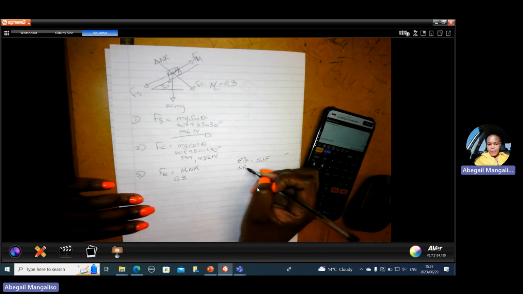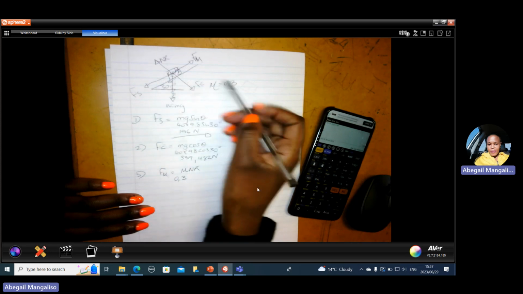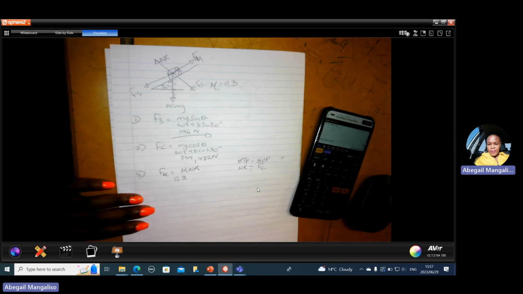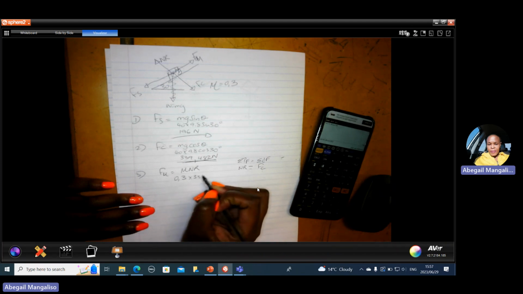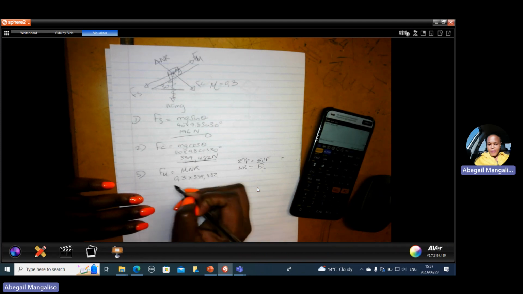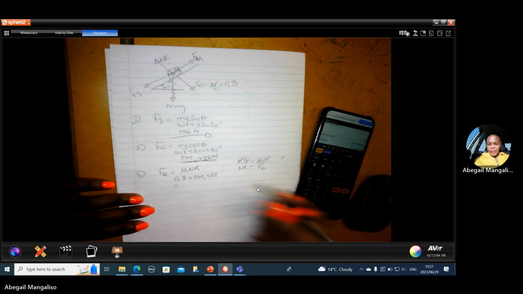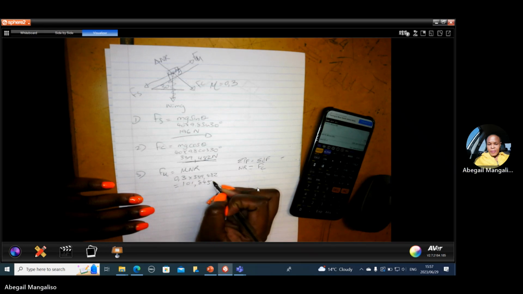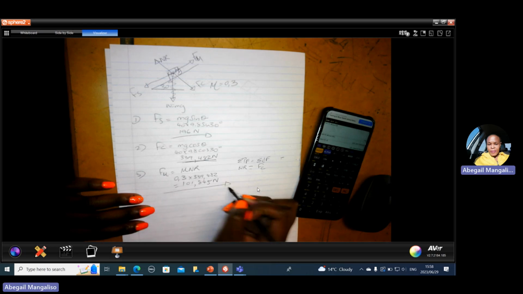Normal force is upward, but what is downward? Remember, the weight is replaced by two components. So what is downward is Fc. Normal force is equal to Fc, and this is the answer for Fc, 339,482. It will be multiplied by 0.3. You use your calculator to get the answer, 101,845 newtons. That is the frictional force.